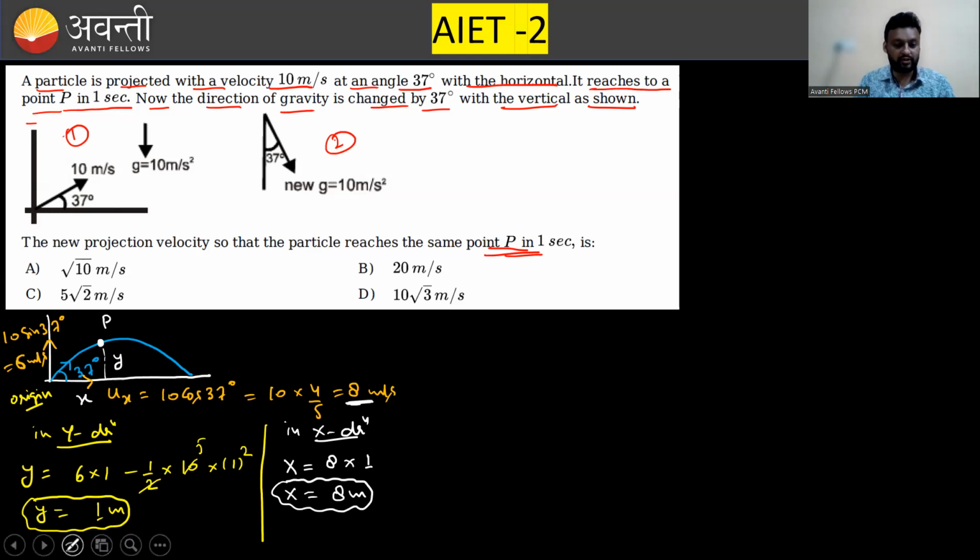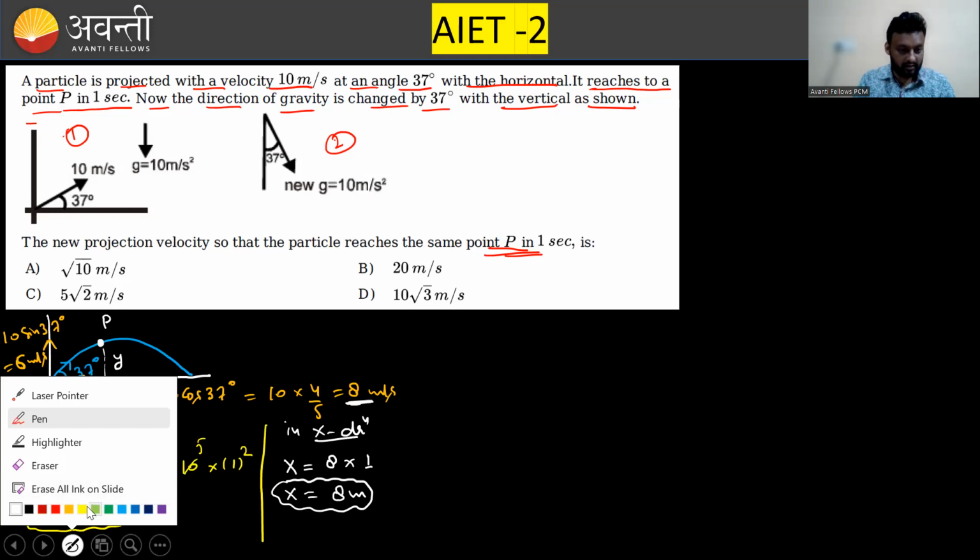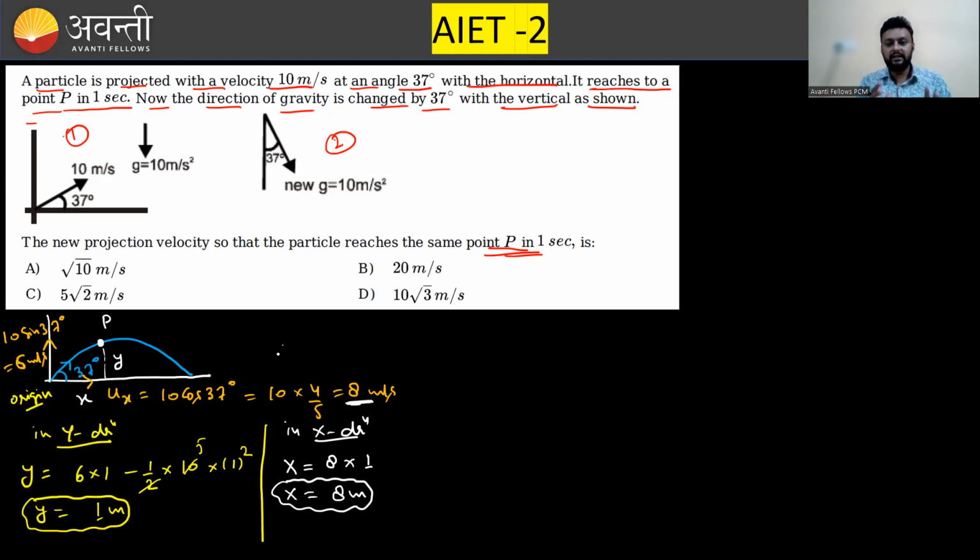Now in the second situation, just be careful. What's new in this case? If you observe the situation, in the first case, the acceleration due to gravity is vertical. There is no horizontal component. Now the acceleration due to gravity is not vertical, it's something tilted. Can you see this pen?